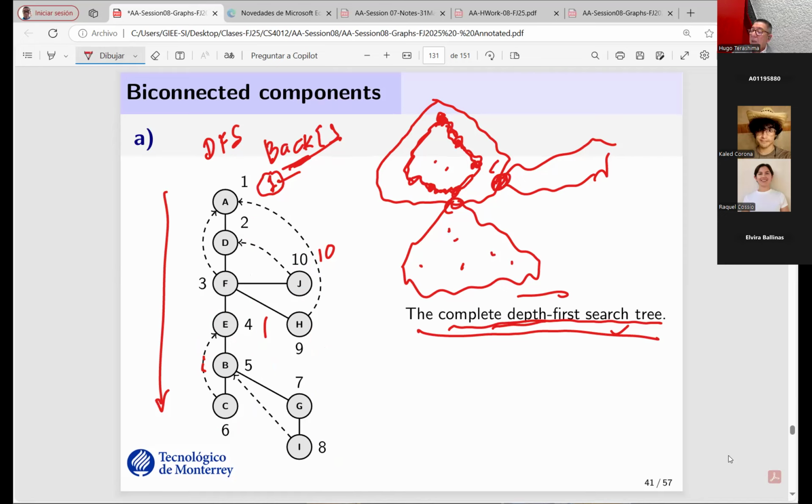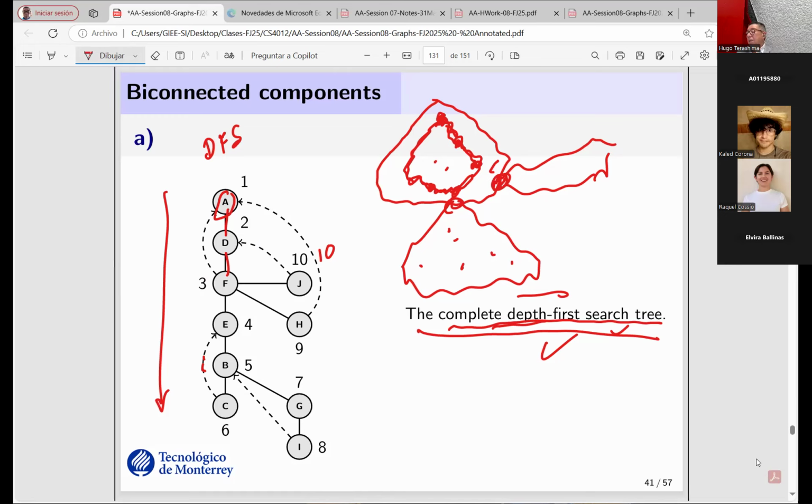So you label the nodes according to the order in DFS. Right? So this is the first phase. What is the second phase? You start at A and you start, right, traversing. And then you start checking the conditions.